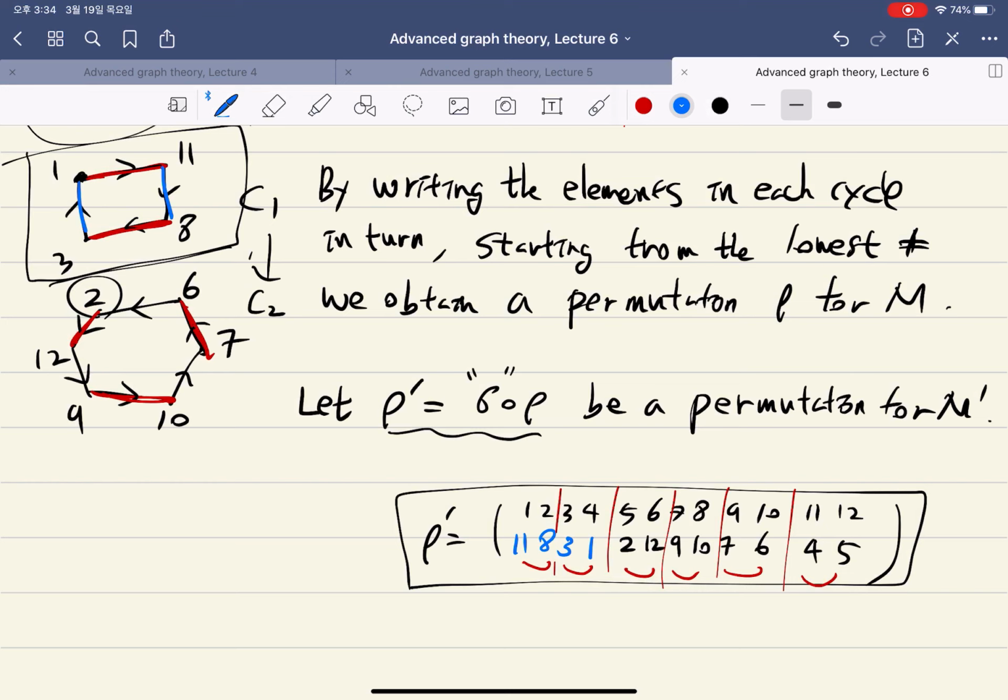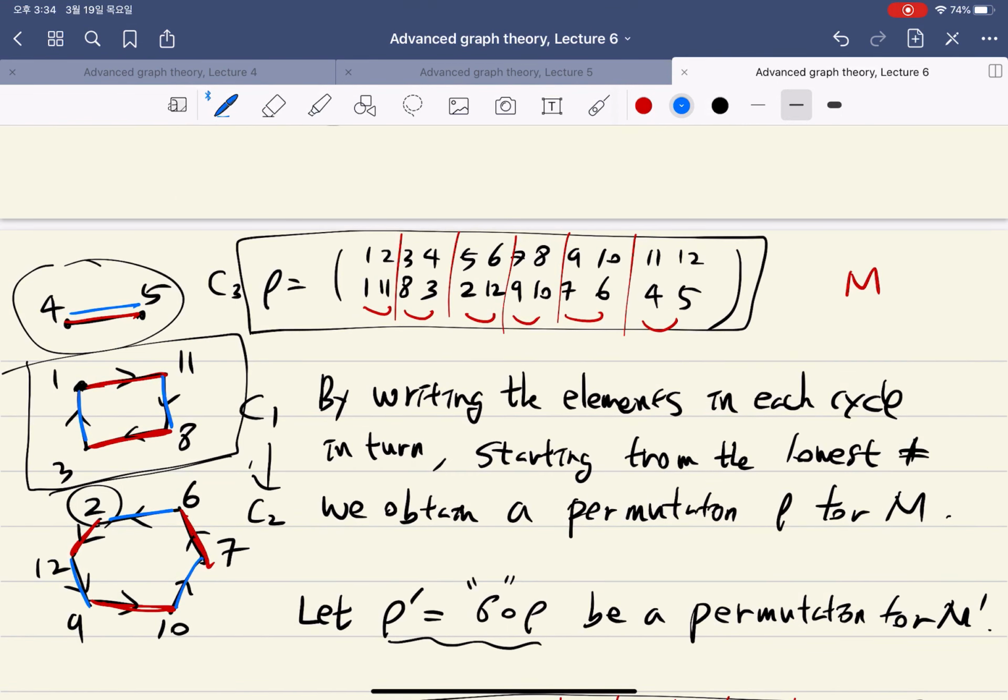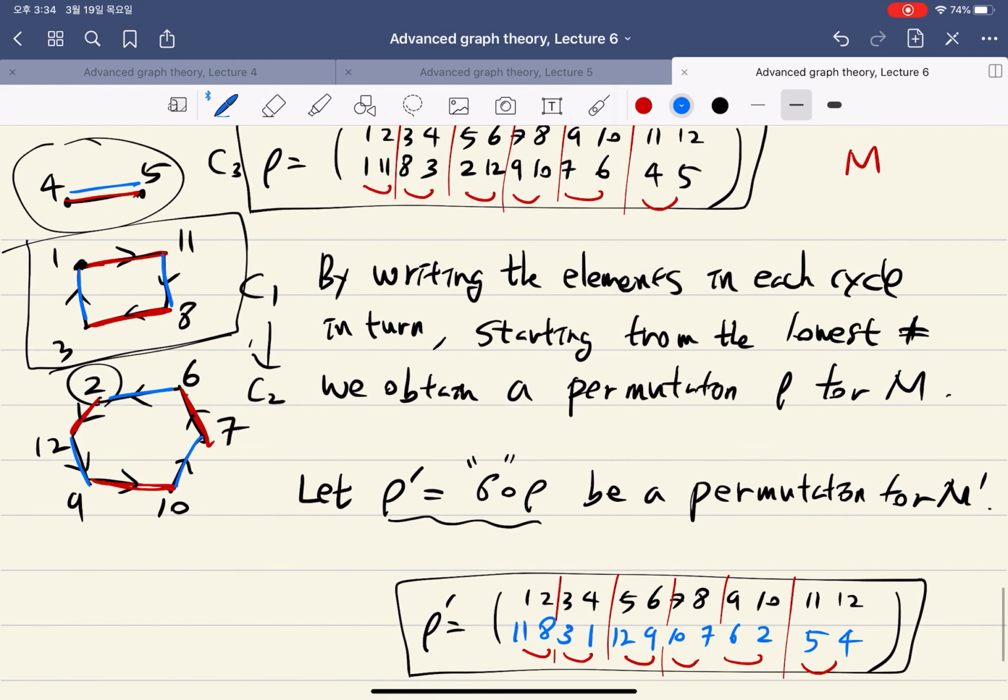Again, 2 goes to 12. 12 goes to 9. 9 goes to 10. 10 goes to 7. 7 goes to 6. 6 goes to 2. So now these are matched. And these become 5 and 4. So this becomes the composition of this sigma and rho.